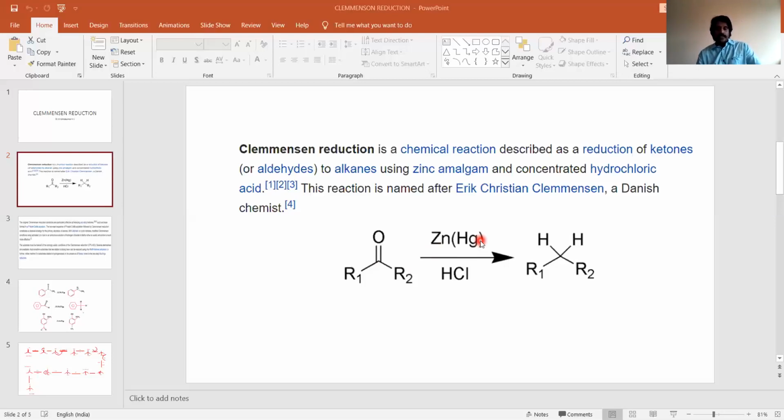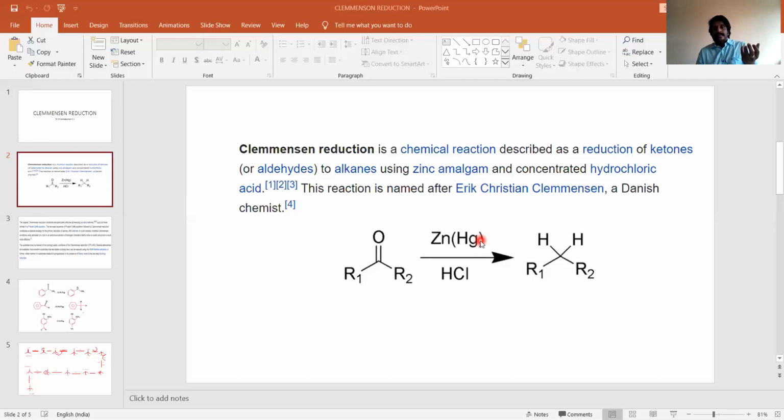All right. So what is the purpose of this amalgam? It will make the zinc more available. It will make the zinc more activated. Consider an aqueous solution of zinc, or a combination of zinc with mercury. The zinc will be more distributed and uniformly available in the mixture of alloy with mercury rather than in a solution of zinc with some aqueous solution.